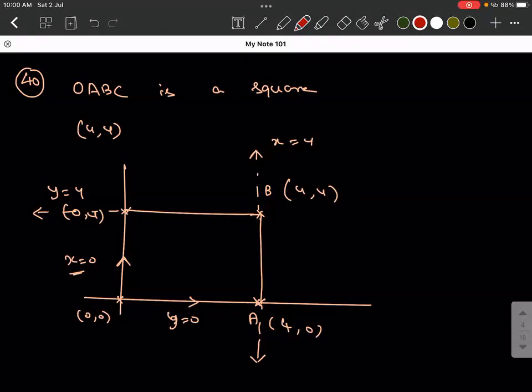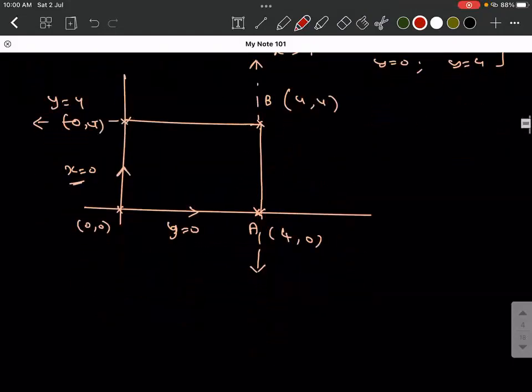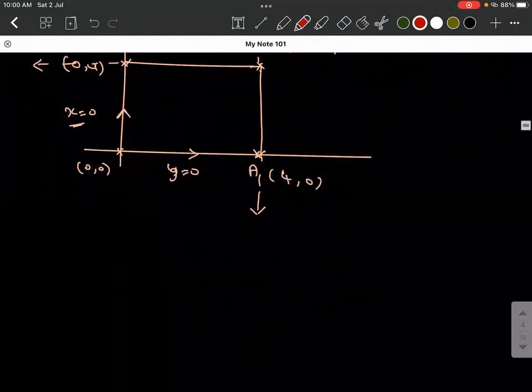These four equations are the equations of the sides of the square. Clear? This is 40th.